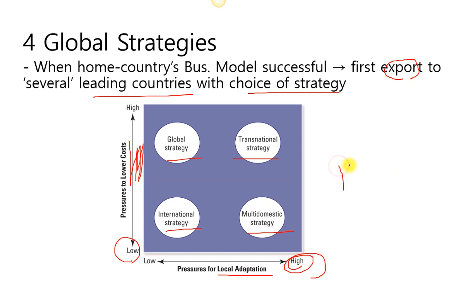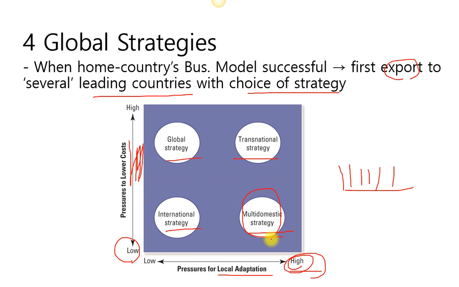If you're making an ad for each country, your overall cost is going to be higher. So if that's the case, you probably are making different advertisements for different countries because the pressure for local adaptation is very high, but pressure to lower the cost is low. You don't really have to lower the cost. Then you go for a multi-domestic strategy.